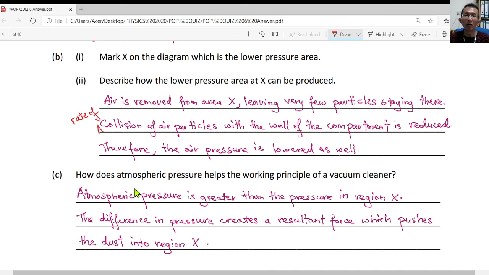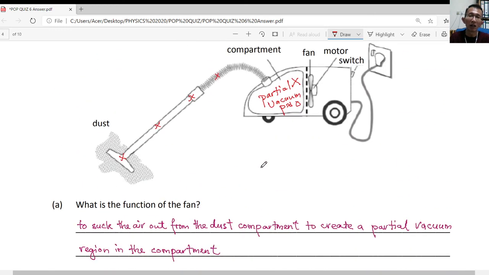C. How does atmospheric pressure help the working principle of a vacuum cleaner? So remember, at the nozzle here, my pressure is low. But outside here is the atmospheric pressure. So the atmospheric pressure is greater, is higher than the pressure inside.